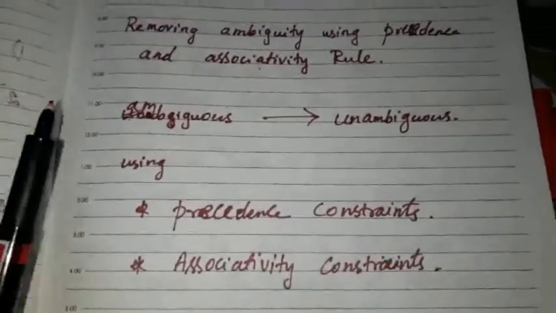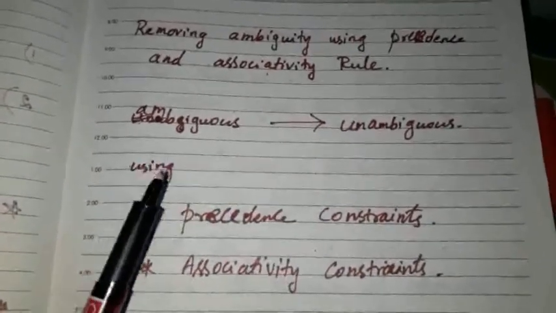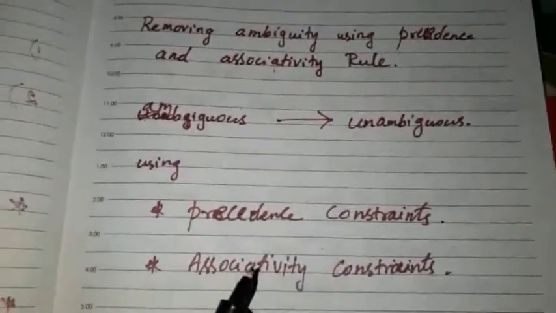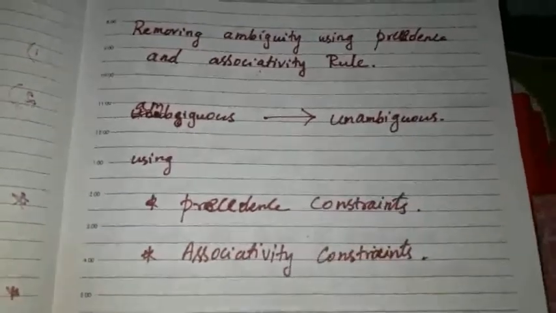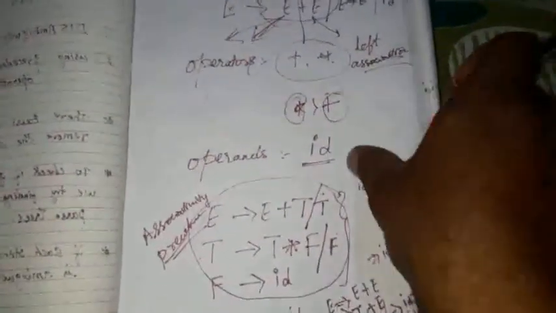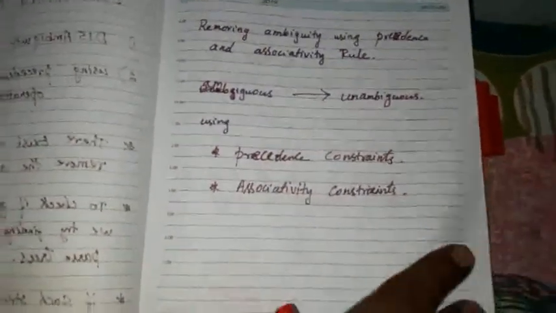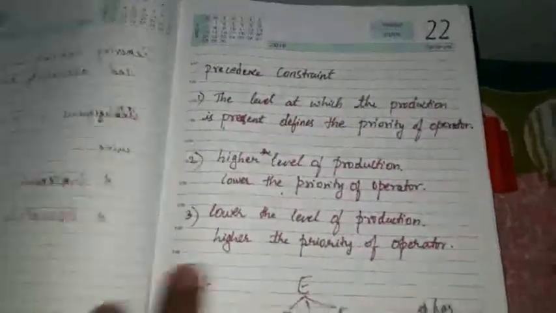An ambiguous grammar can be converted to unambiguous by using a precedence constraint and an associativity constraint. In this example, I roughly showed you how to use associativity and precedence, but we'll see it step by step here. So first let us take the precedence constraint.